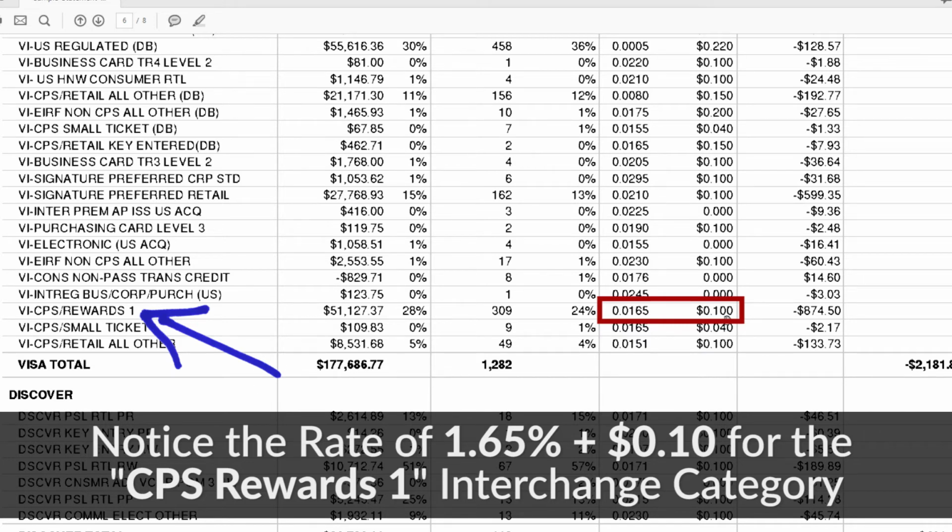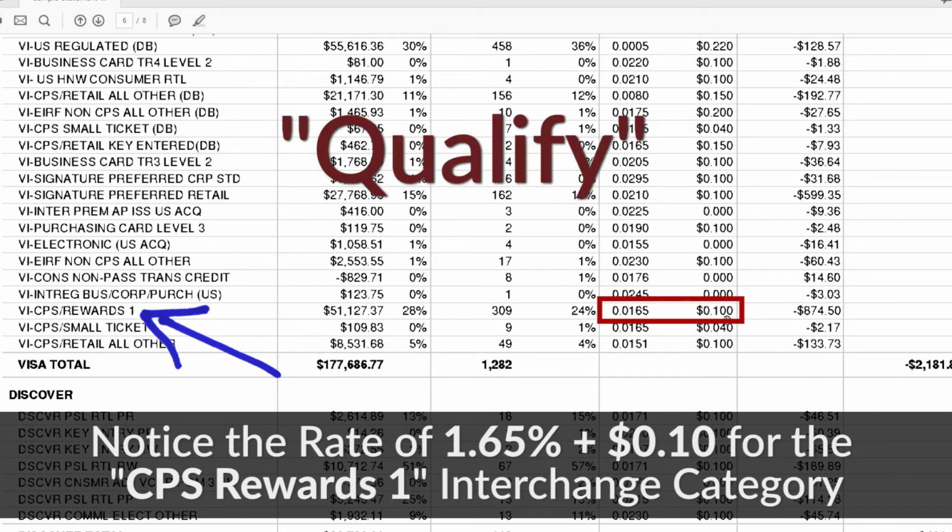So as I mentioned before, a single rate is paid every single time a credit card transaction is accepted, and each transaction needs to, quote-unquote, qualify for all of the requirements. In other words, they need to meet all of the benchmarks of each interchange category in order to meet that category rate.